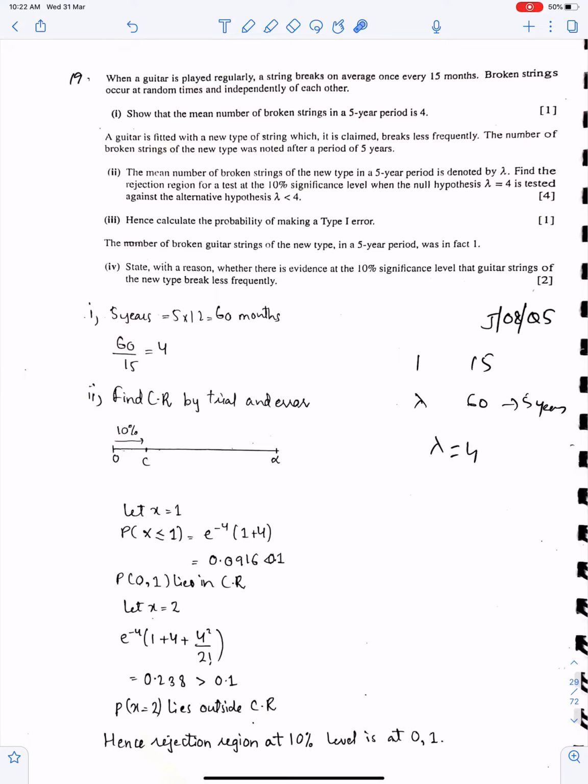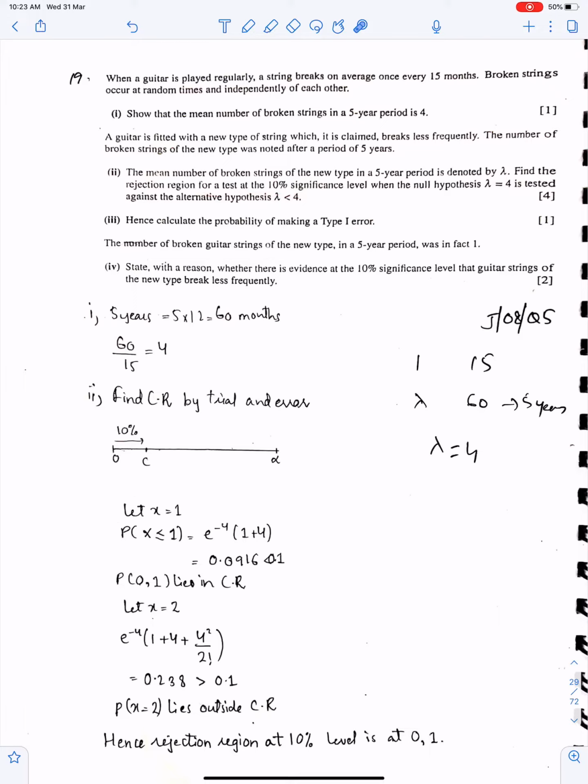A guitar is fitted with a new type of string which it is claimed breaks less frequently. So H1 has a less-than sign. The number of broken strings of the new type was noted after a 5-year period, and the mean number is denoted by lambda. Find the rejection region for a test. You have to use the trial and error method. First try X equals 1.